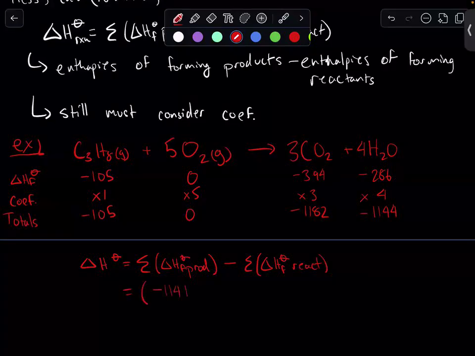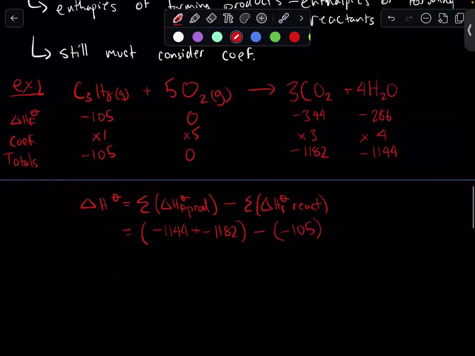Negative 1144 plus a negative 1182 minus a negative 105. The minus and negative will cancel out, and we will get a total of negative 2221 kilojoules mole inverse.